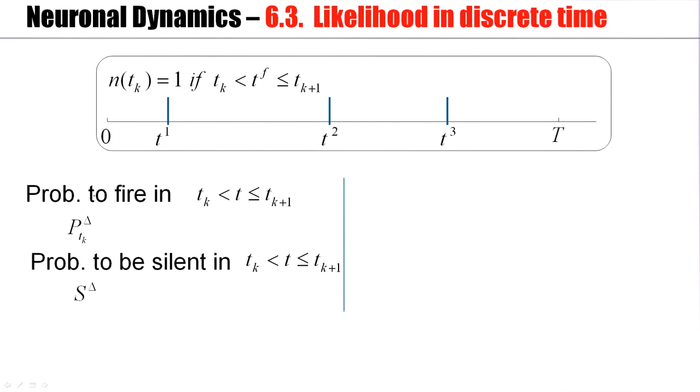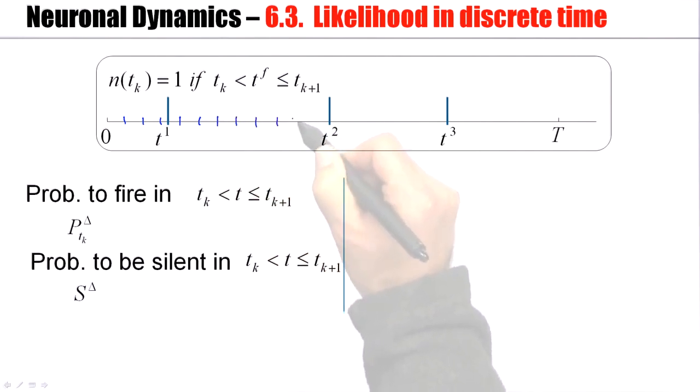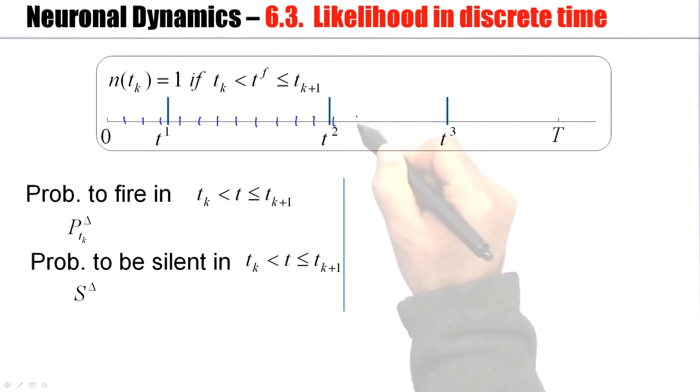Now, working with these instantaneous rates, stochastic intensities with escape rates in continuous time, sometimes causes problems. It's hard to imagine this. And sometimes it's easier to think in discrete time. Moreover, any computer implementation has to happen in discrete time. So let's introduce some discrete time bins. I introduce my time bins like this.